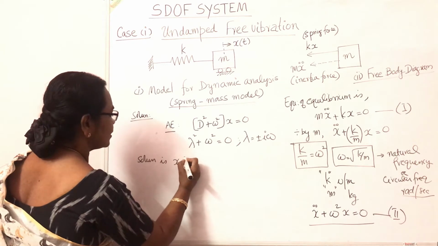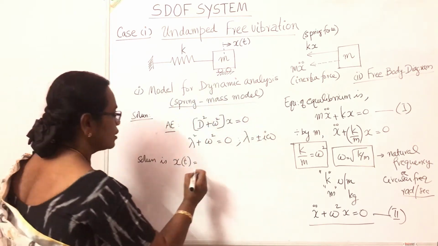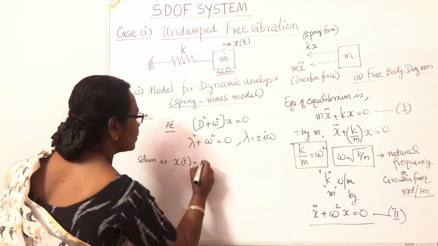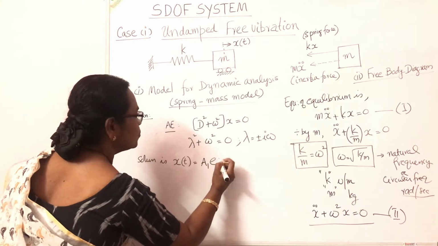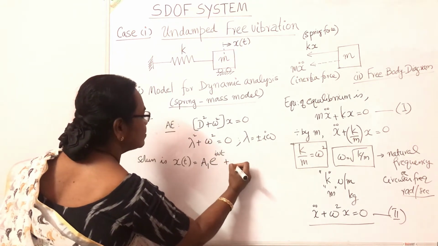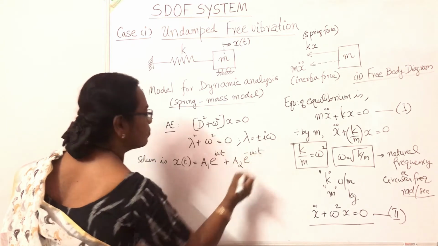x at any time, x is the displacement which varies with time. x is equal to a1 e raised to i omega t plus a2 e raised to minus i omega t.